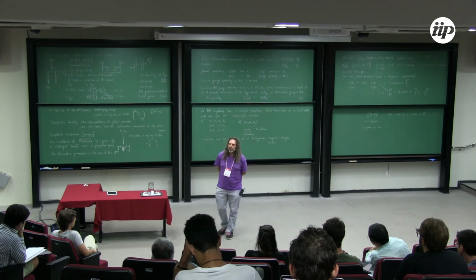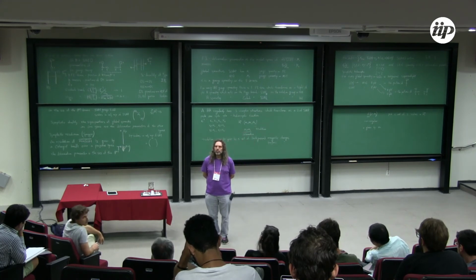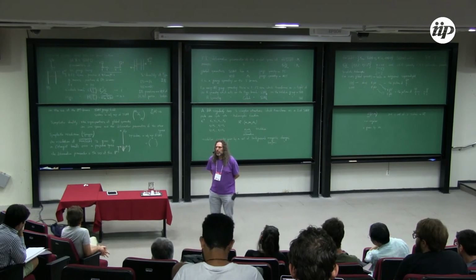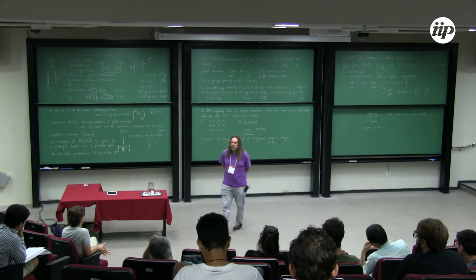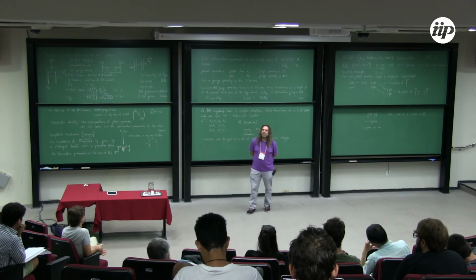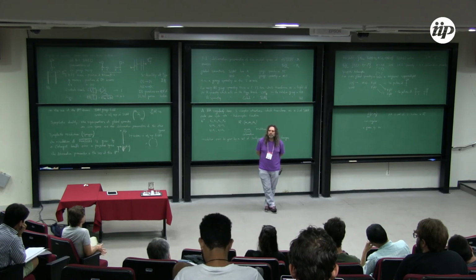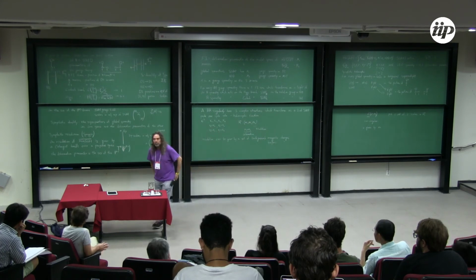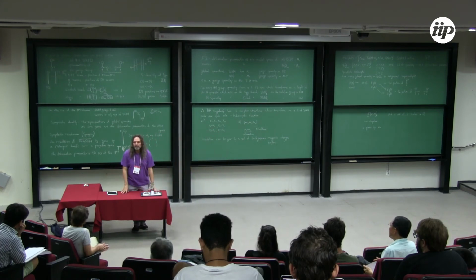In order to pick a complex structure, I just need 2 out of 8 supercharges. Those 2, together with their conjugates, will not form a subalgebra because I'm in 5 dimensions. But it doesn't stop me from picking a complex structure.